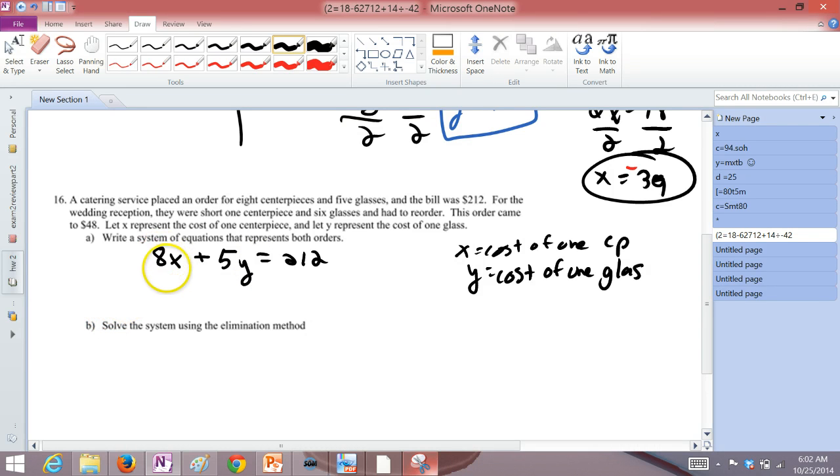You multiply how many you're ordering times how much it costs to get how much you have to pay, what the bill is. For the wedding reception, they were short 1 centerpiece and 6 glasses, so they had to reorder. So the second order here will be for 1 centerpiece and 6 glasses, and that bill came to $48.